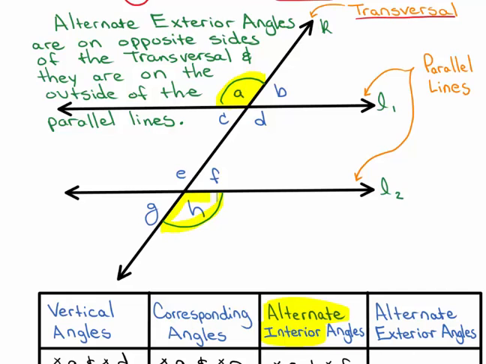Since A and H are alternate exterior angles, then yes, you guessed it, they're going to be equal in measurement, because alternate exterior angles, when it comes to parallel lines cut by a transversal, are equal in measurement.